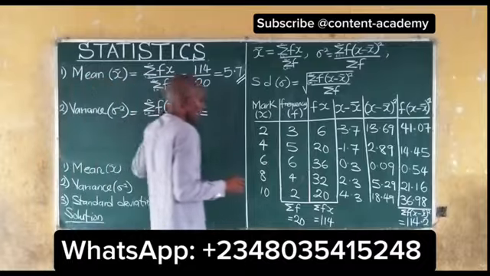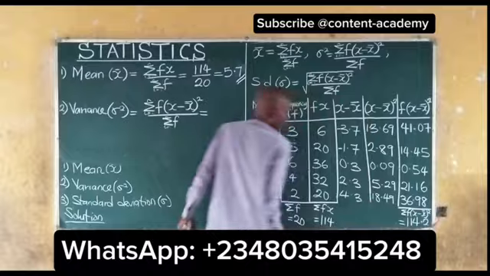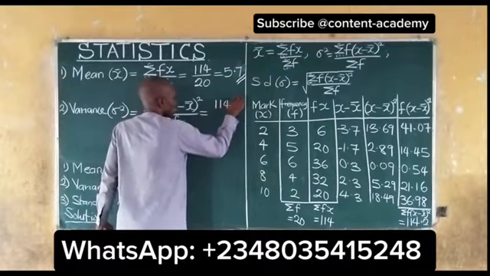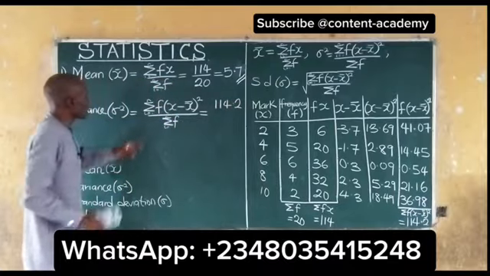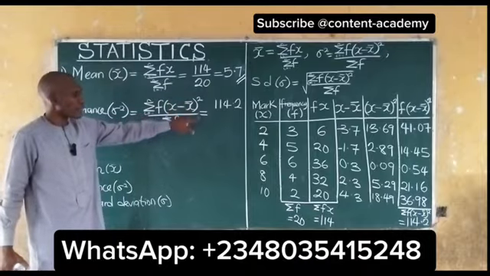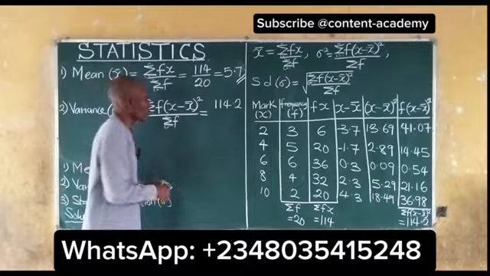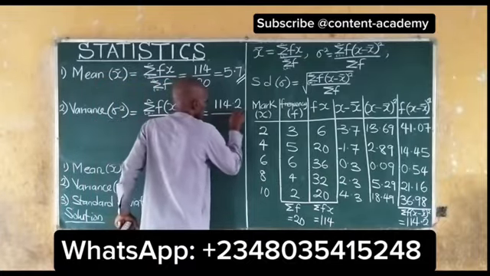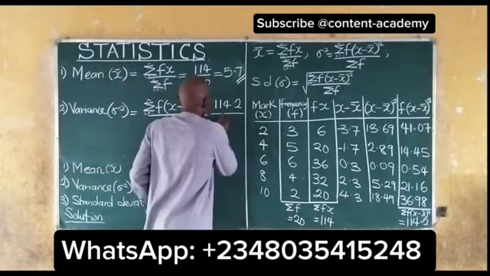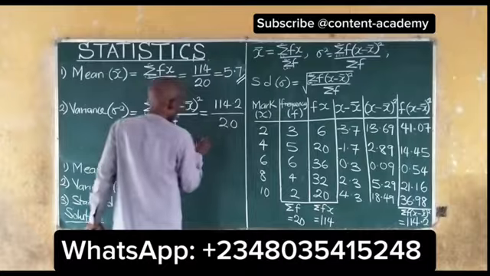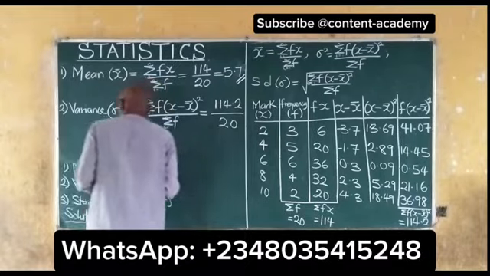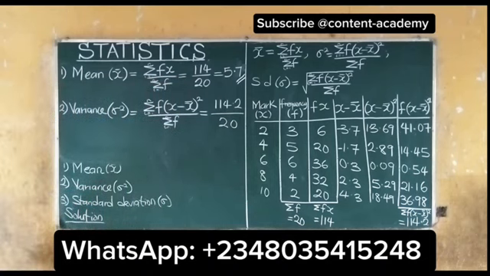We have 114.2, which is the sigma f of x minus x bar all squared. So we have 114.2 all over sigma f, which is 20.